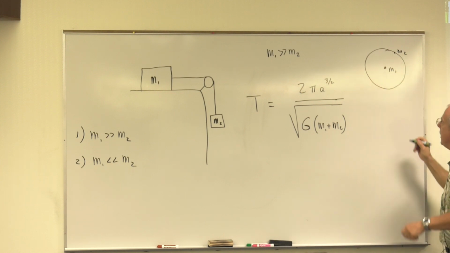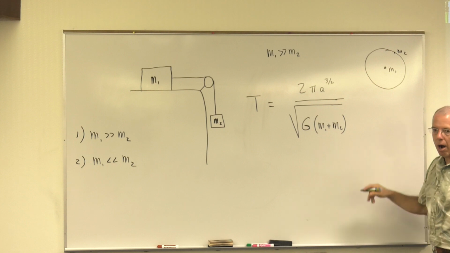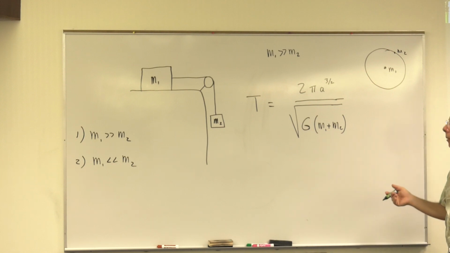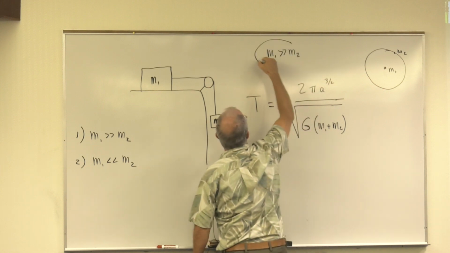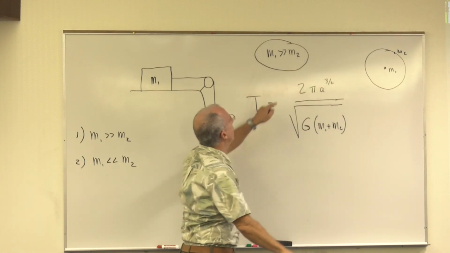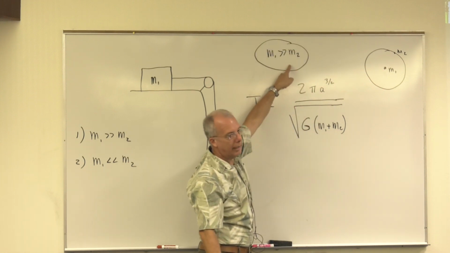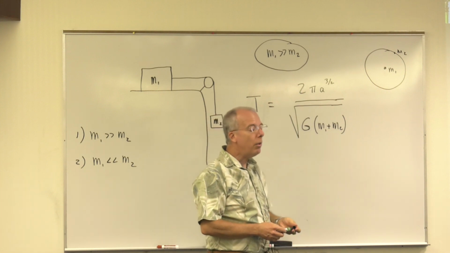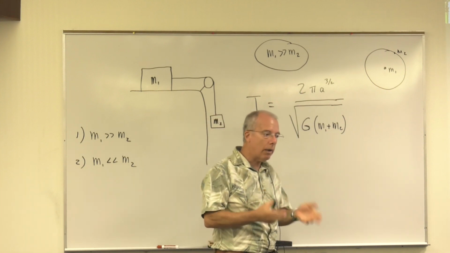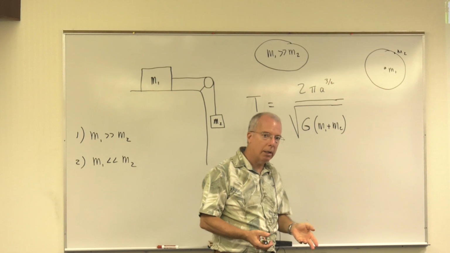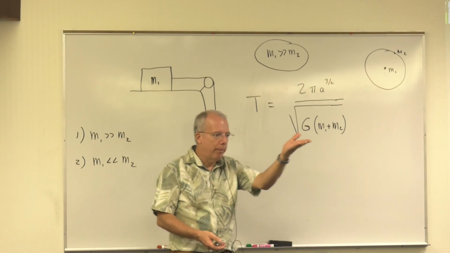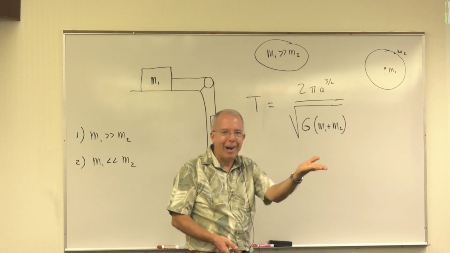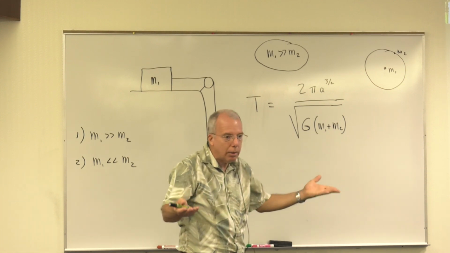Generally speaking, the star has a huge mass compared to the planet, so the mass of the star is tons bigger than the mass of the planet. Now what we want to do is figure out the mass of the star. How do you do that? You can't put the star on a balance. It'll burn.